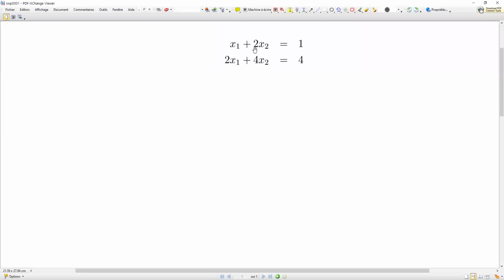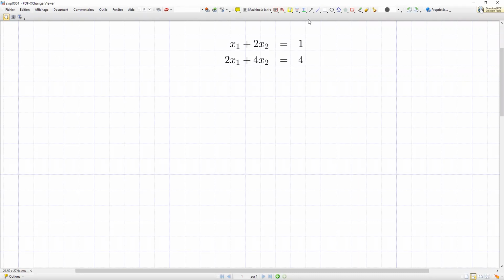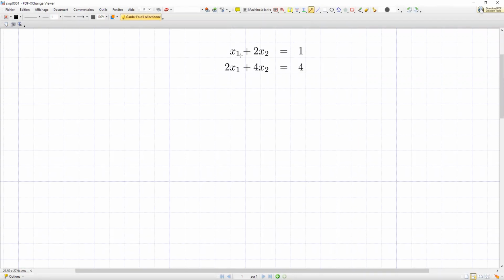We have x1 plus 2x2 equals 1. Which point can I use?